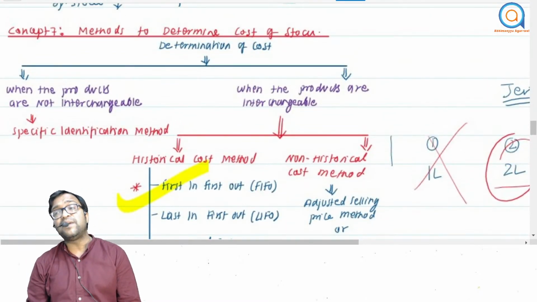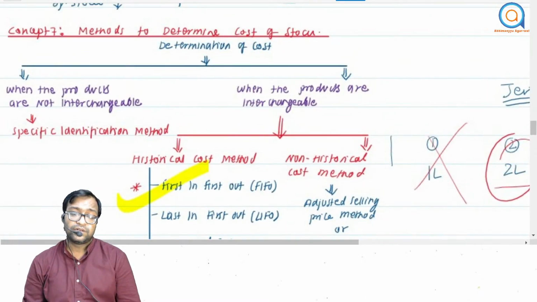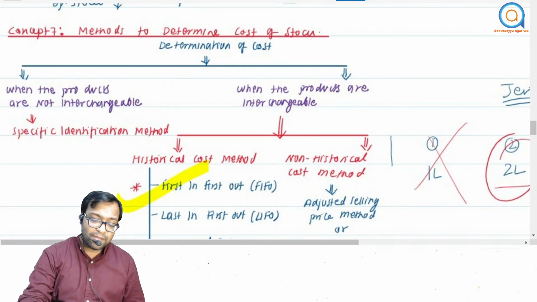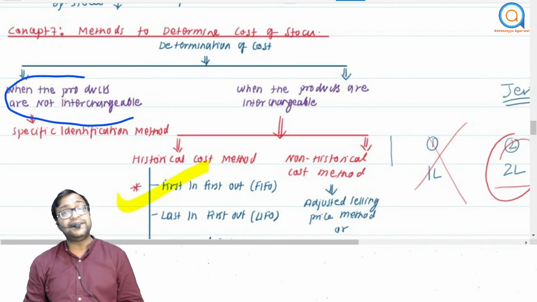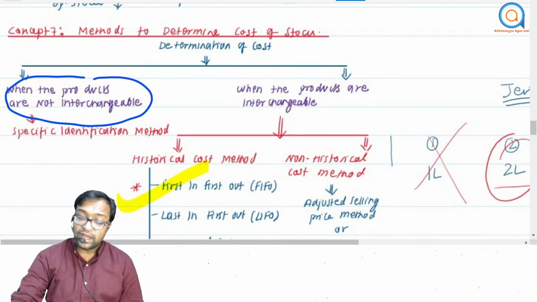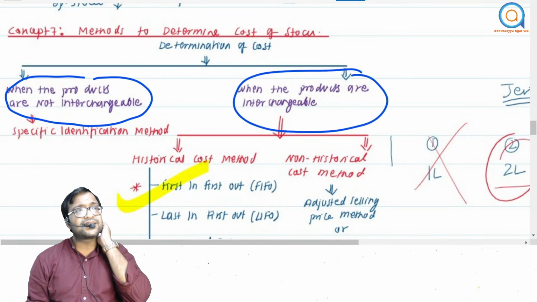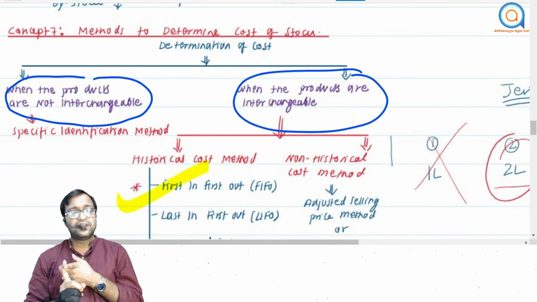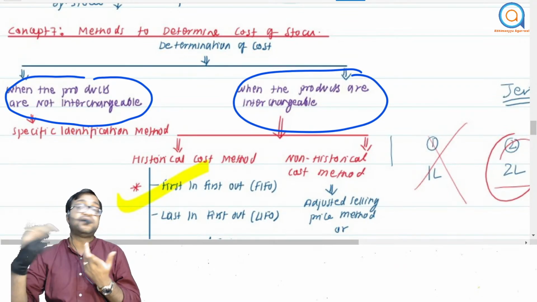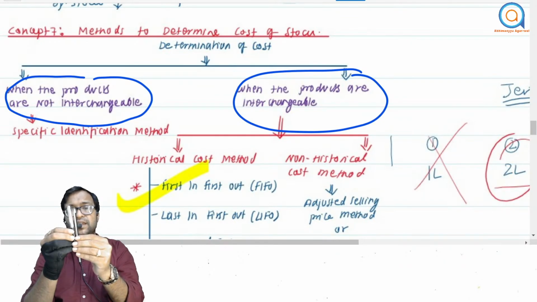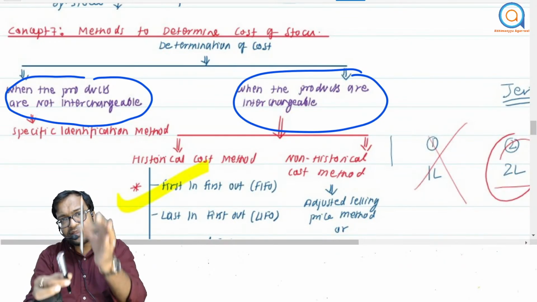Methods to determine cost of stock. There are two situations: when the products are not interchangeable and when the products are interchangeable. When products are not interchangeable, each and every item is different. For example, if I take one pencil and one pen, can I sell a pen instead of pencil?